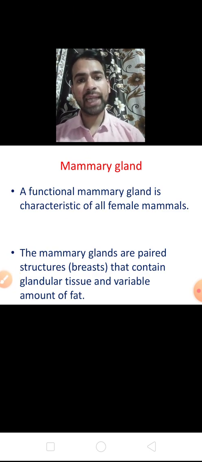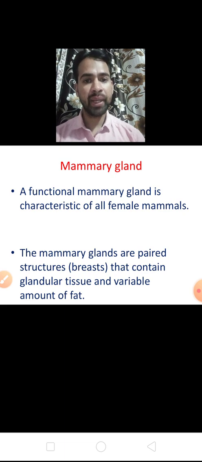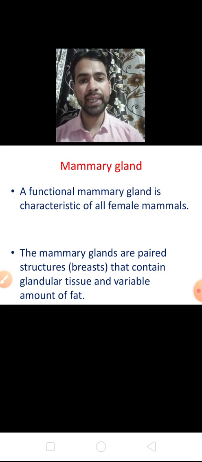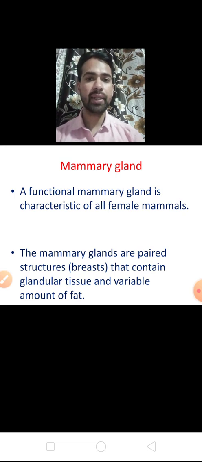Now children, the last part of the female reproductive system is the mammary glands. The function of mammary glands is to release milk. An interesting fact is that the mammary gland is present in both male and female, but it is active in female and not active in male.